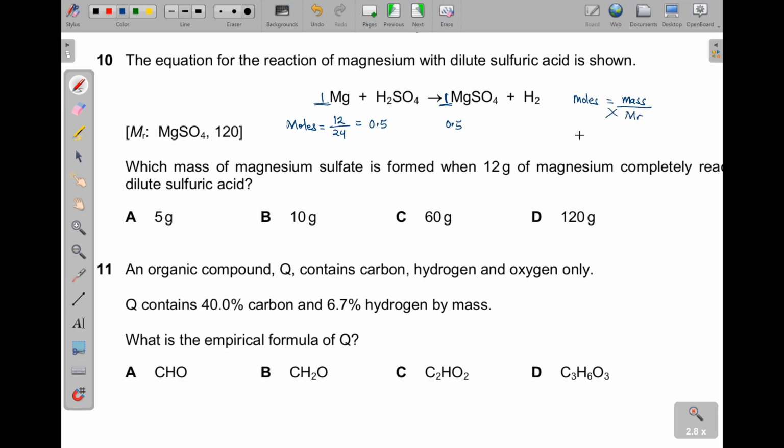That means if we are to find mass, then mass is equivalent to the number of moles times the MR. Okay, so we shall get the mass here by getting the number of moles, which is 0.5, times the MR, which is 120. A half of 120 is, of course, 60 grams. So the answer for number 10 has to be a C.